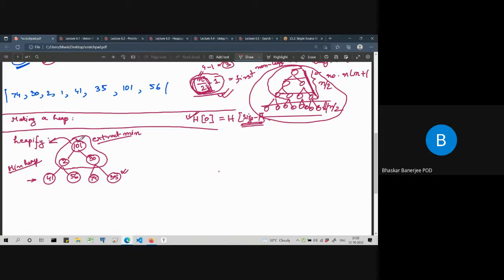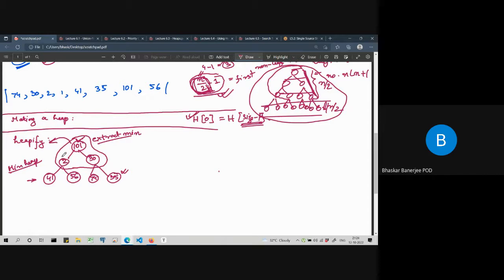Now the idea of heap is the parent should be smaller than the children. So what I would do is find the smallest element between these three nodes and put that as the parent. So how can I do that? By doing two simple comparisons. I would compare 101 with 2. I would compare 101 with 30. And I would see which is the smallest of all of them. I can see over here 2 is the smallest of all of them.